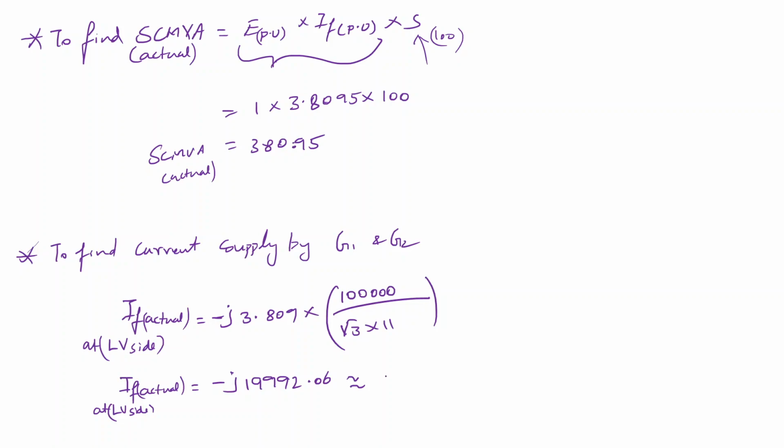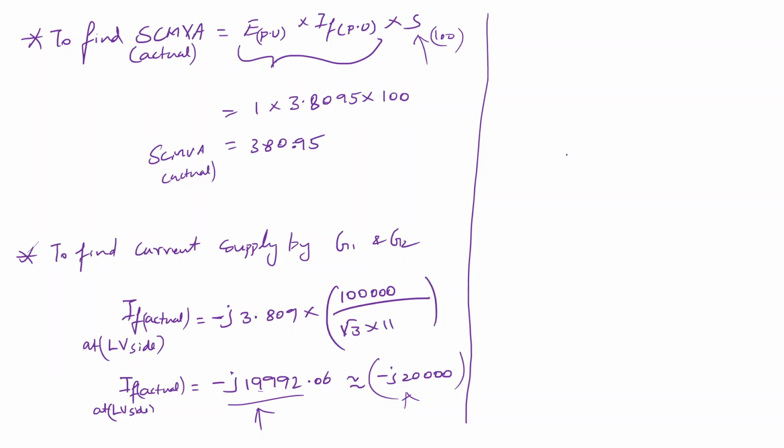So it is approximately minus 20k, we can put either way. Both are same. So I will take the actual value only. We don't need to consider this, but in the textbook they have used this value, so we'll use the actual value itself. I will do a partition here and continue here.